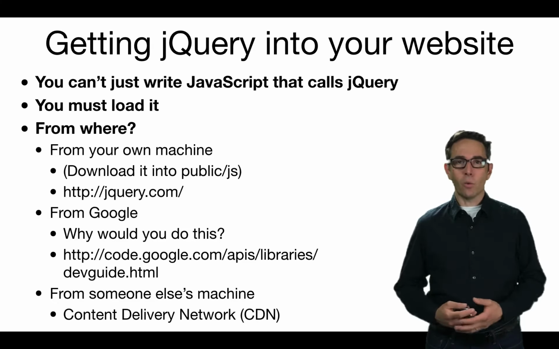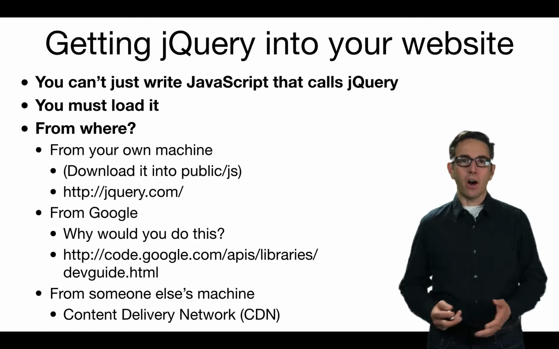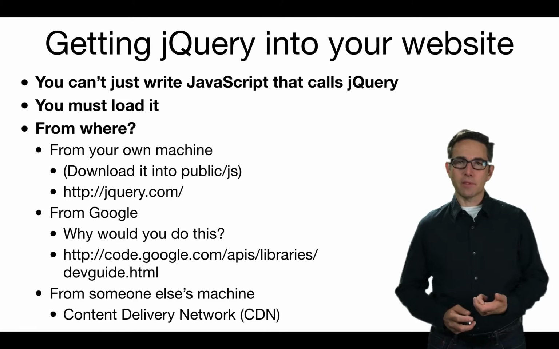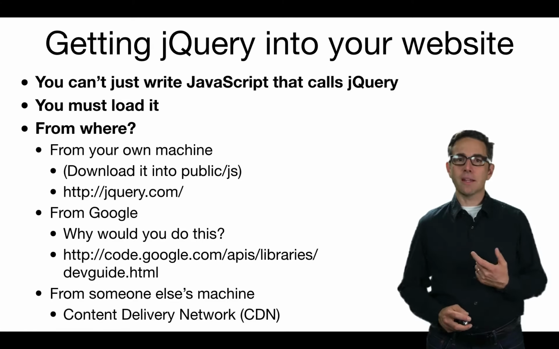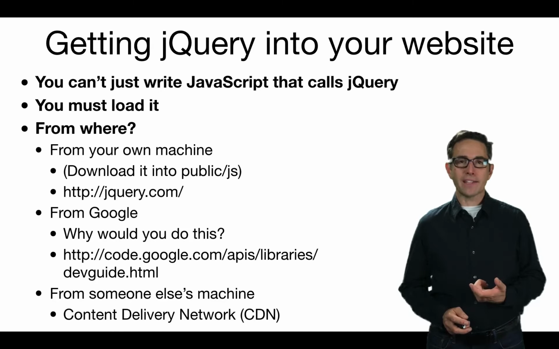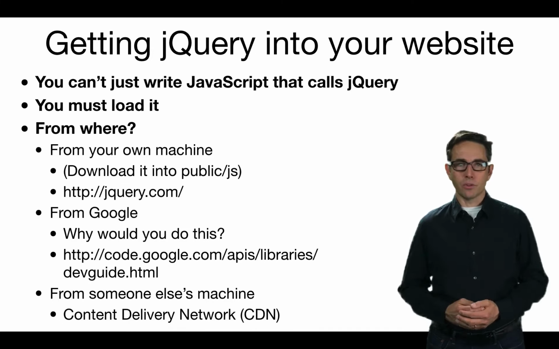If several different websites that an end user visits all use jQuery from Google, then it's going to look like the same resource to the browser, and it's not going to have to download it again. So it's going to appear like jQuery is downloaded really, really fast because it happens to be there from visiting another website. So that's an advantage of using Google's resource for it.